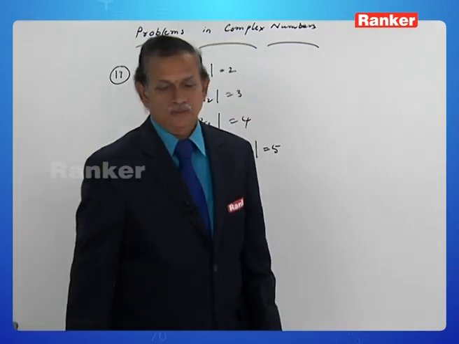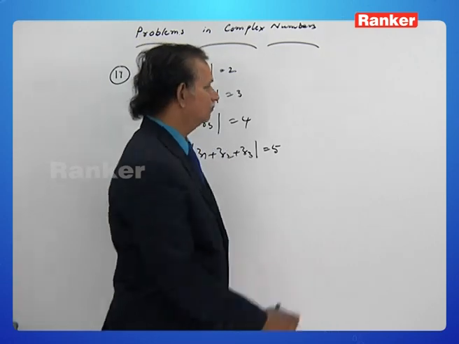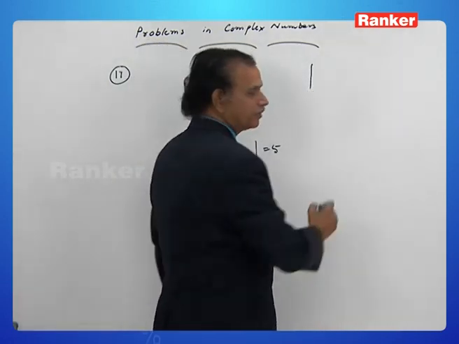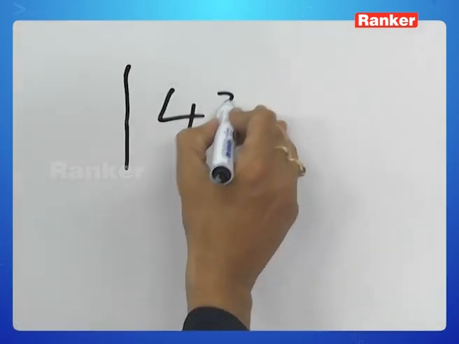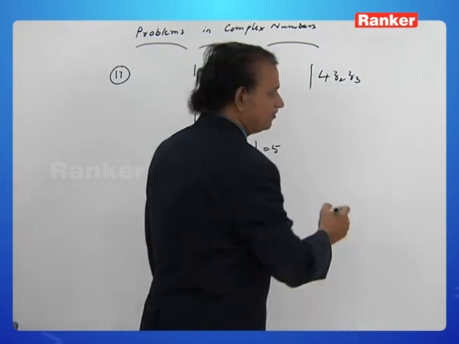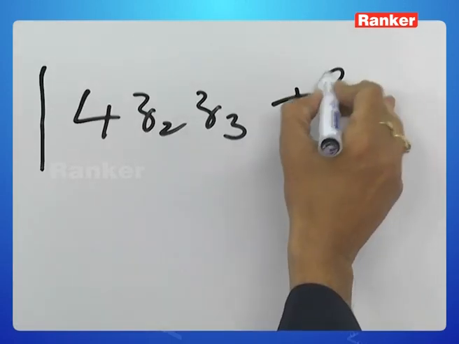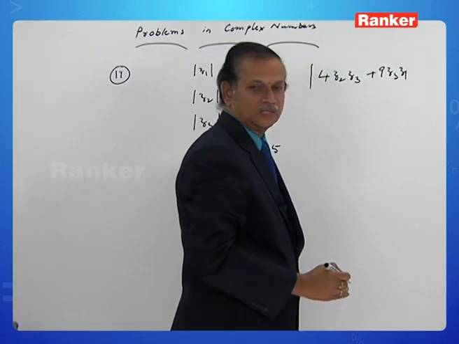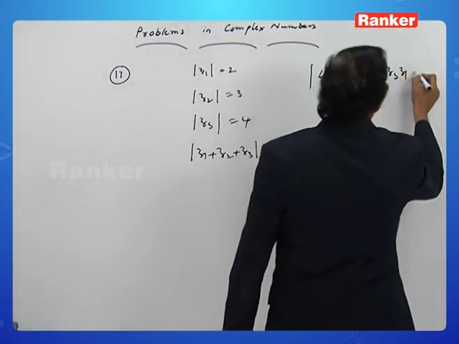Those are given. Then what is asked? The modulus of 4 Z2 Z3 + 9 Z3 Z1 + 16 Z1 Z2.